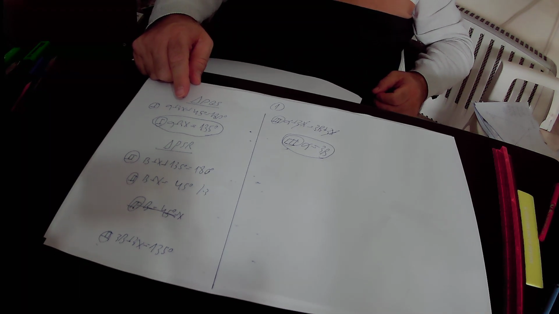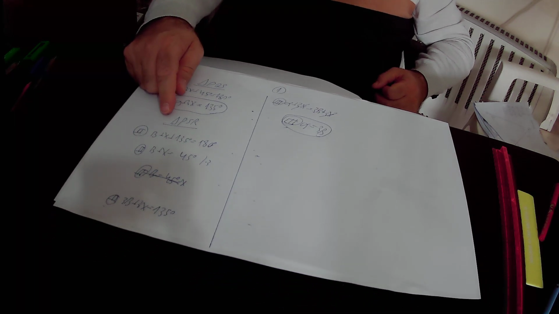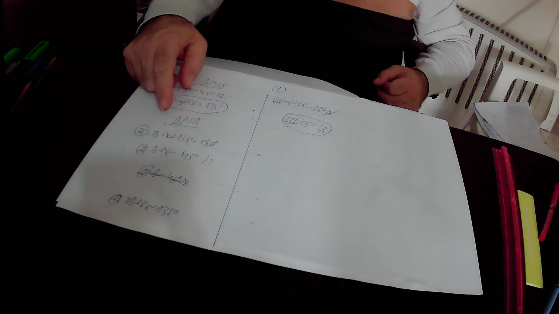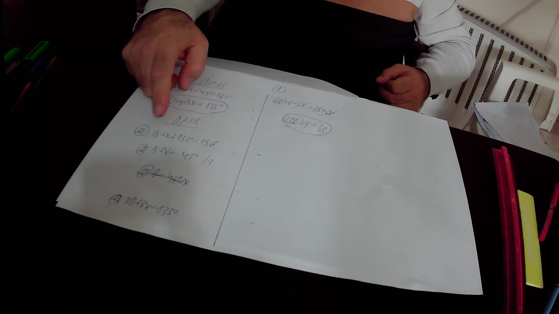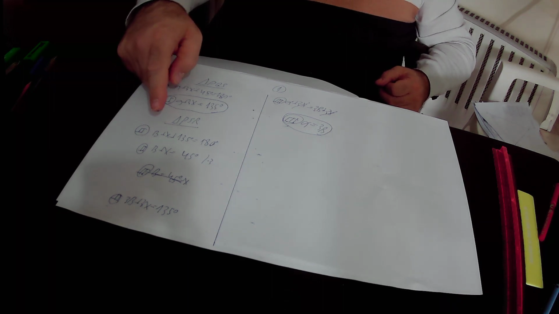Likewise, in triangle PSR, the sum of the angles must be equal to 180 degrees. That is to say, beta plus x plus 135 degrees equals 180 degrees. We subtracted 135 degrees from this equation number 2, and we got that beta plus x equals 45 degrees. We multiplied the equation number 2 by 3, and we got that 3 beta plus 3x equals 135 degrees.